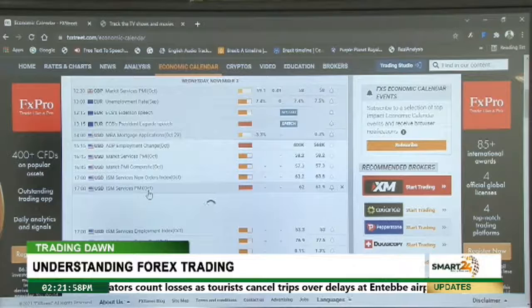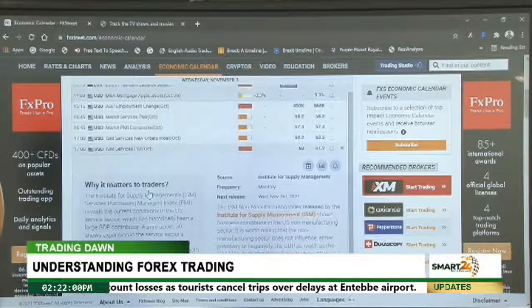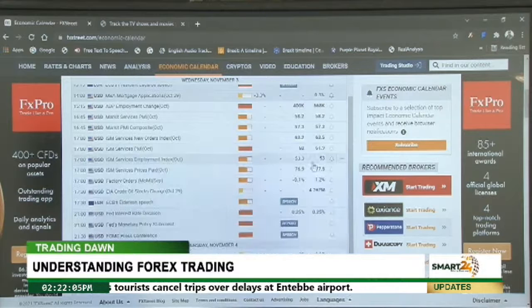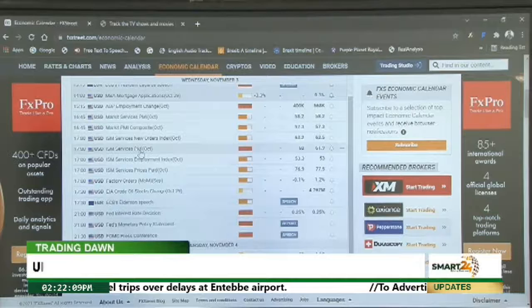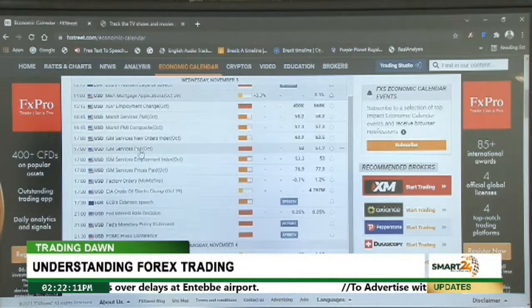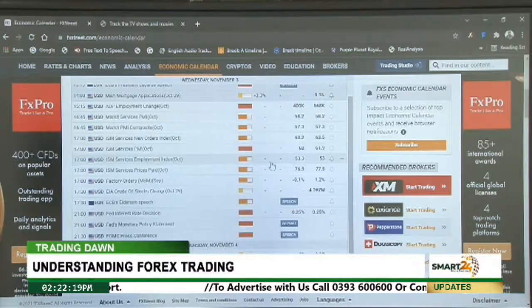The ISM Services PMI as well: expected is a good figure, 61.9, previous 62. For this one, any figure above 50 is very good. So don't be discouraged if you get something less than 61.9 or less than 62. As long as it is above 50, it's going to be good.